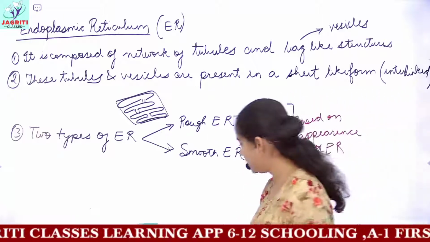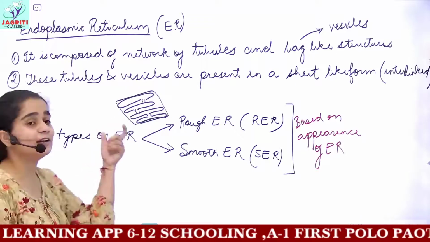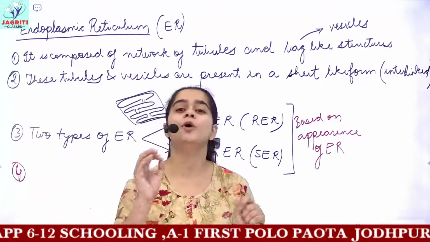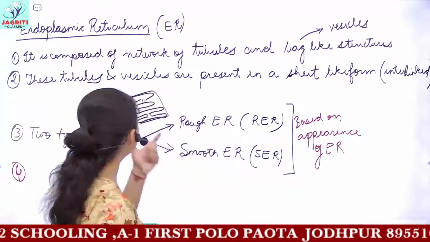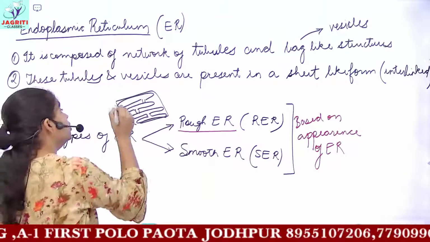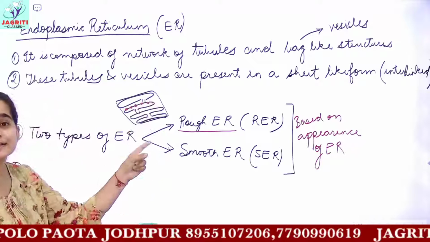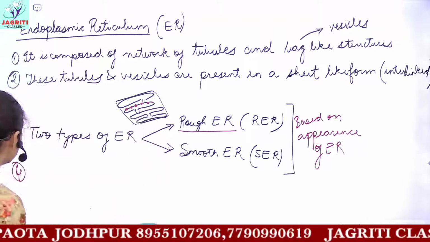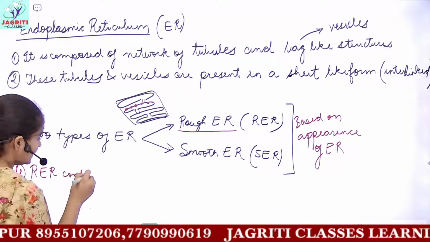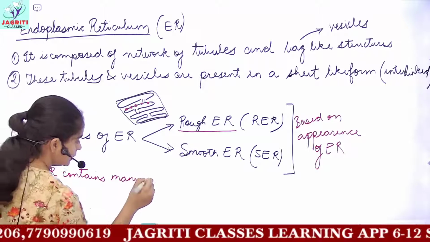Why does rough endoplasmic reticulum appear rough? If you observe the endoplasmic reticulum of any cell under an electron microscope, you would observe that on the surface of rough endoplasmic reticulum you have small granule-like structures, and these structures are called ribosomes.